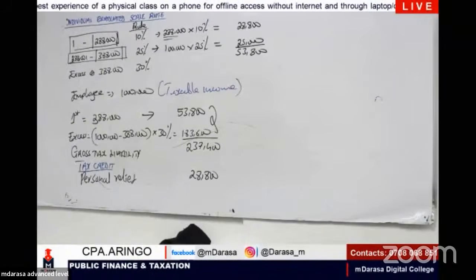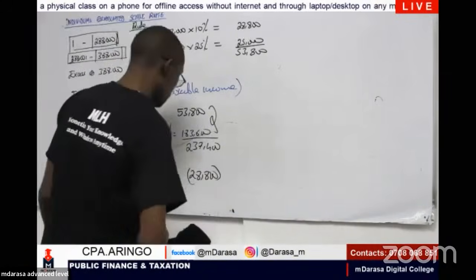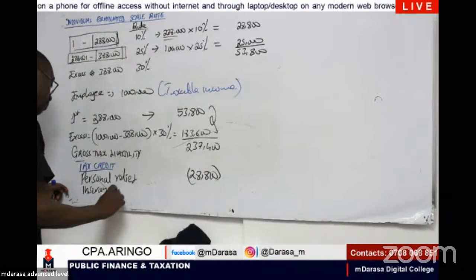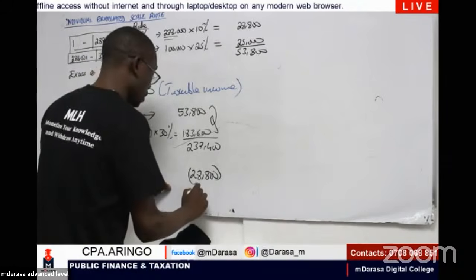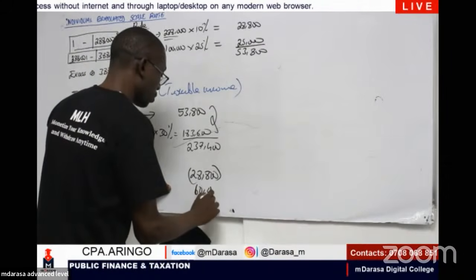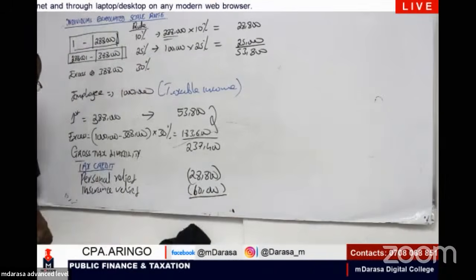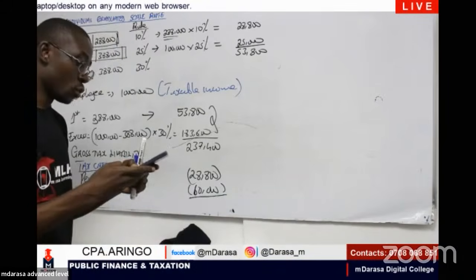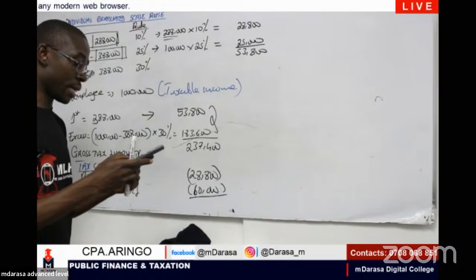So I'm having personal relief, being a tax credit. Maybe I'm having insurance relief, being a tax credit, assuming 60,000 here, for example. So that at the end of the day, whatever this person is going to pay to KRA will be 237,400 minus 28,800 minus 60,000.